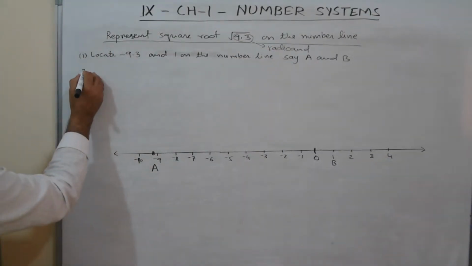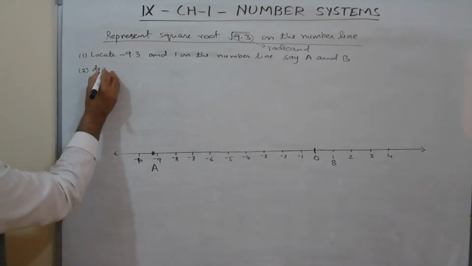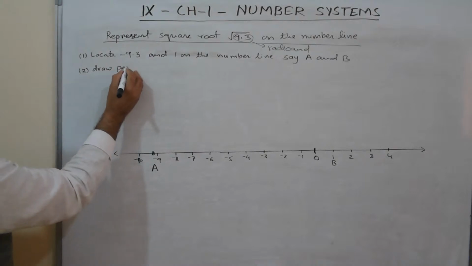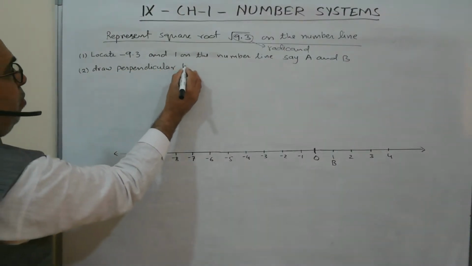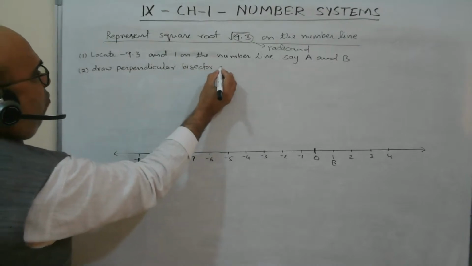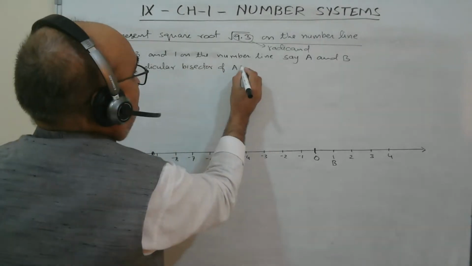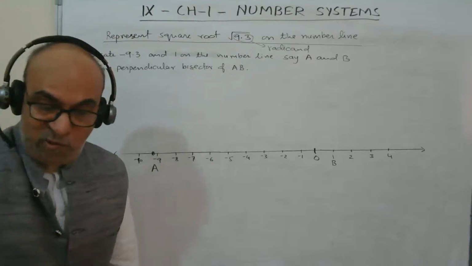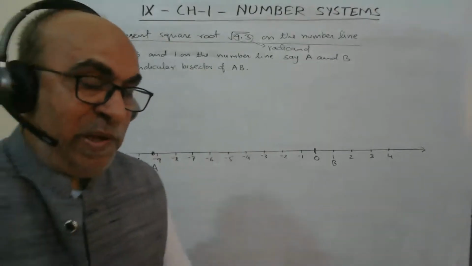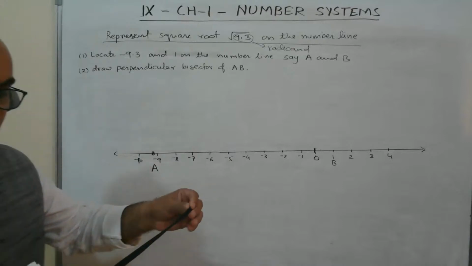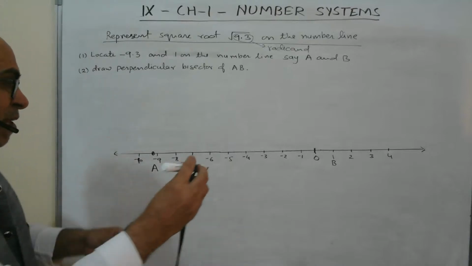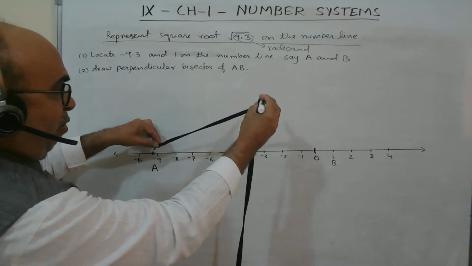Second step, draw the perpendicular bisector of AB. With the help of compass, you can draw the perpendicular bisector of AB. And how to draw it, that I'm going to tell you, just see. Take your compass and radius more than half of AB.